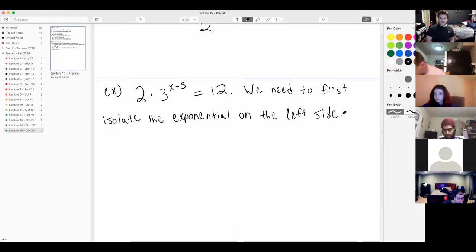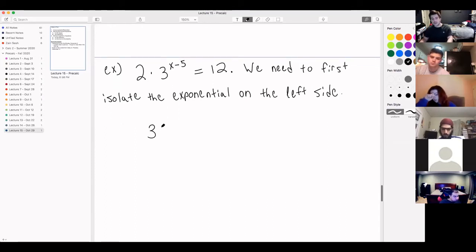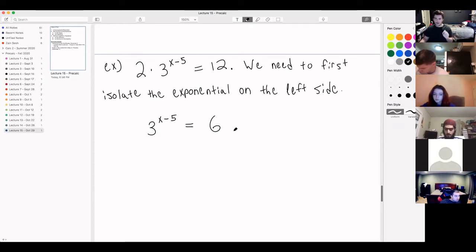And we do that just by dividing both sides by 2. That's all you need to do. So if I divide both sides by 2, I will get 3 to the x minus 5 is equal to 6. Okay. So I hope that's okay. I just divided both sides by 2.